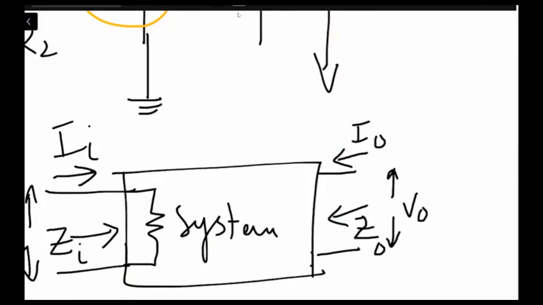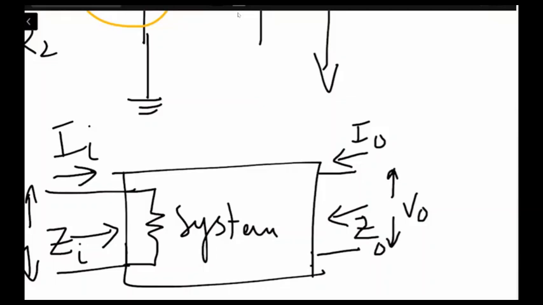For the system that needs to be analyzed, the directions of the currents and voltages will be like this. But when the same thing is implemented on the AC circuit we are analyzing, we will see how the directions of currents and voltages behave.